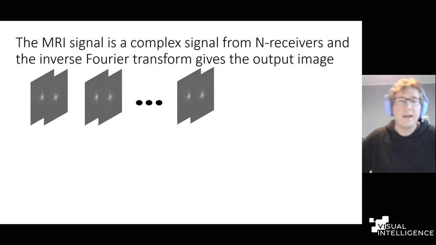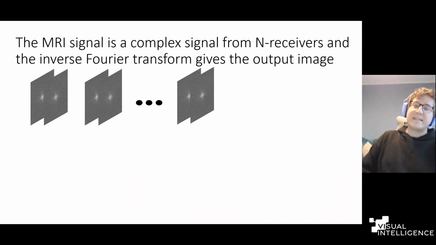So first, the MRI signal, also known as k-space. I will probably switch a bit between the two, but they are the same thing. It's a complex signal, meaning it has a real and imaginary component, and the signal comes from N receivers, or receiver coils.